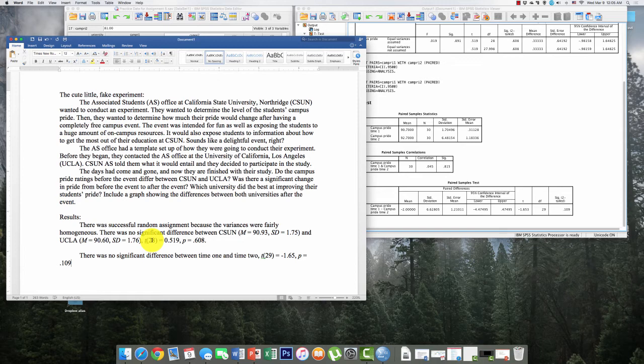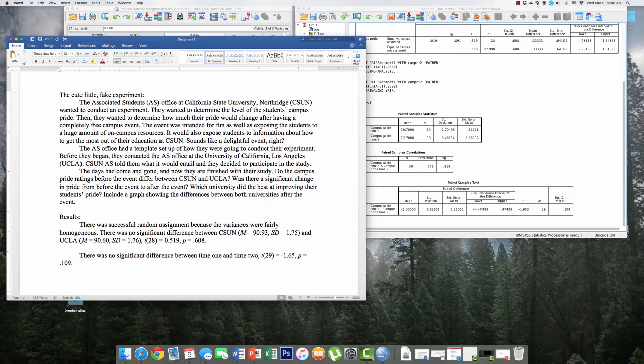For the paired samples, it's going to be n minus 1. So your before and after make one pair. Since this is a within subject design, you're not comparing different participants. You're just looking at a time 1 and time 2 of the same people. So n minus 1, 30 minus 1, we get 29.